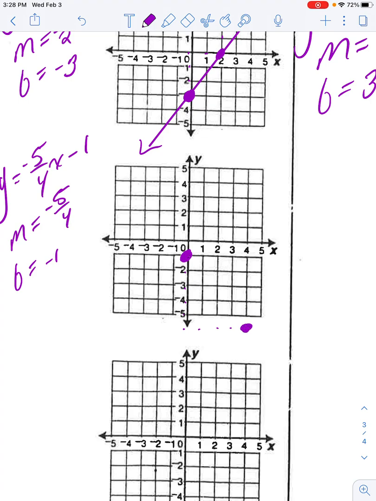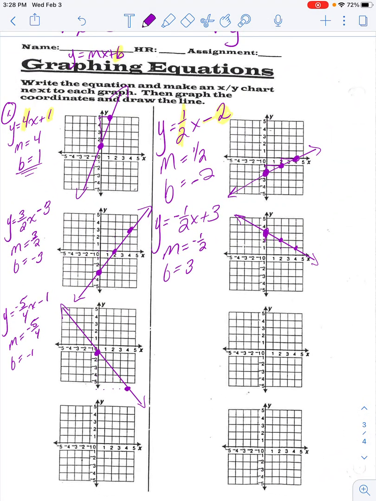Right here, I'm off the page. And again, a negative slope, so that line makes sense. It's going down. Okay, I think you have the hang of these.